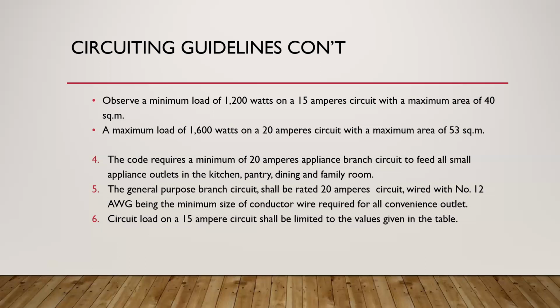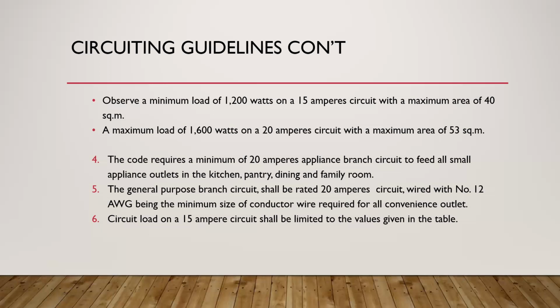Number 5, the general purpose branch circuit shall be rated 20 ampere circuit with a wire na 12 copper wire. Yung AWG type of wire yan siya. So sa mga designer na magbavary or kung ano mang gagamitin ninyong materials, basta yung sizes lang is dapat with accordance dun sa na-compute ninyo.